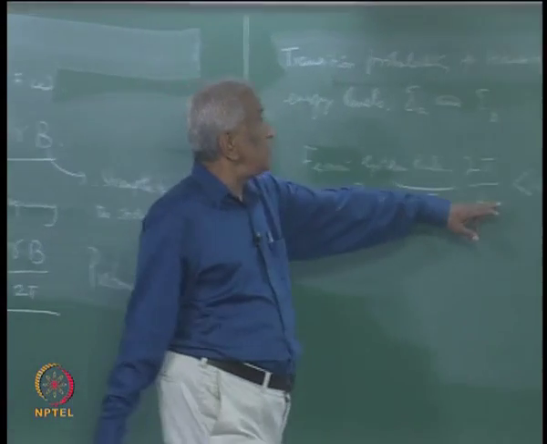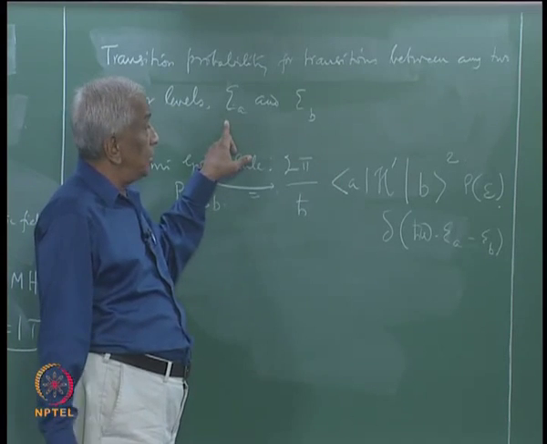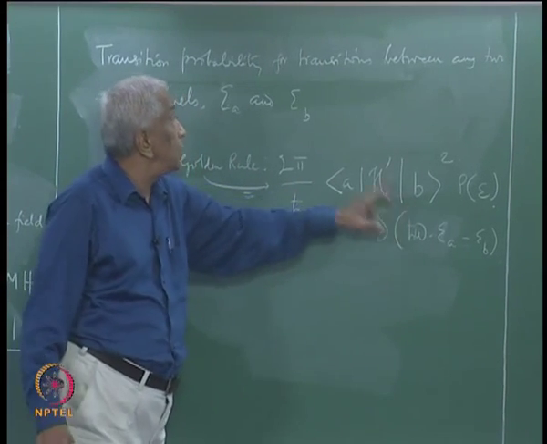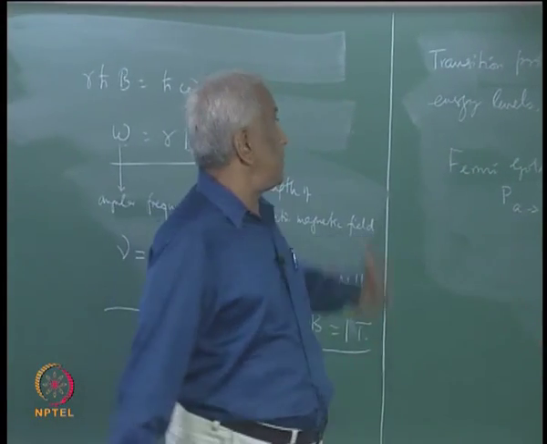Now, here this is the wave function of the state with energy level EA, and this is the state EB, and H prime is the perturbing Hamiltonian.